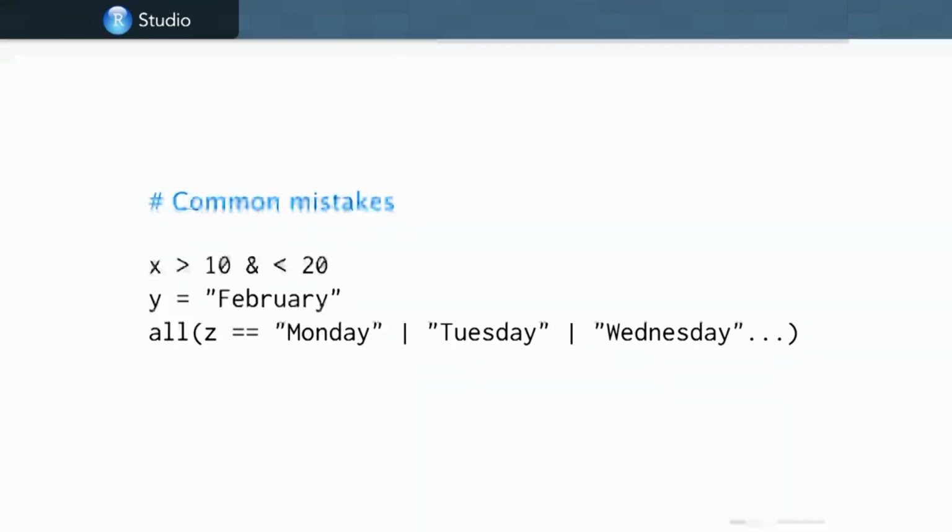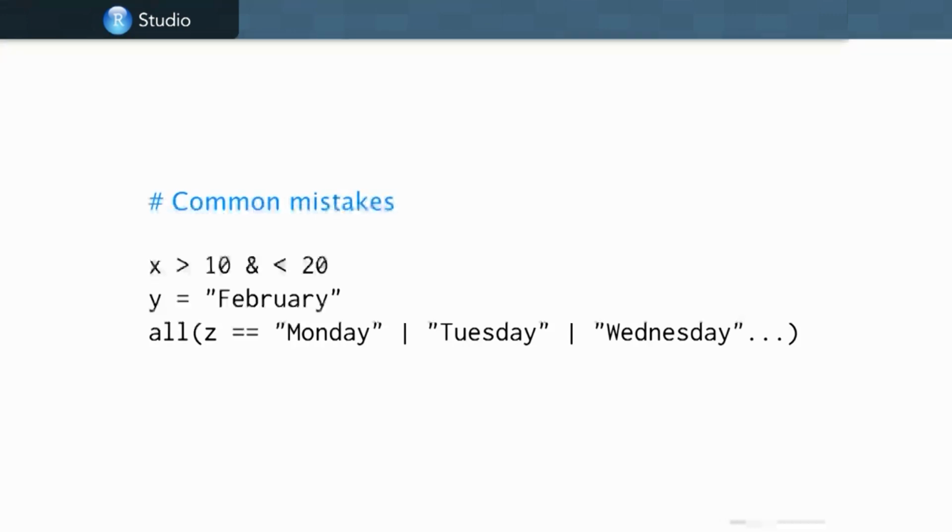And then the last line of code here illustrates a couple different mistakes. First of all, we're doing something that seems rational and might work. We're testing whether each element of z is equal to Monday or Tuesday or Wednesday and so on. First off, if you find yourself using multiple OR tests in your expression, then you might consider switching to %in%, because %in% tests for group membership, is z somewhere in this group, and that's a more concise way of asking, is z member 1 or member 2 or member 3 and so on.